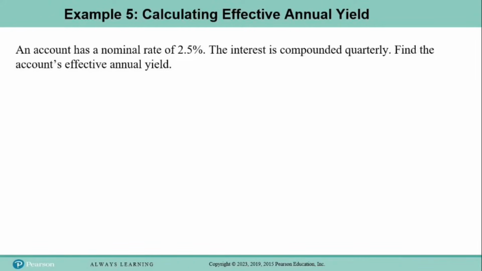Okay, so let's go ahead and write down our formula for effective annual yield. We know that Y equals, parentheses, 1 plus R over N, close parentheses, all raised to the N power, minus 1. And so we're going to need our R and our N. From the problem, we know that R is 2.5%. In decimal form, that would be 0.025.